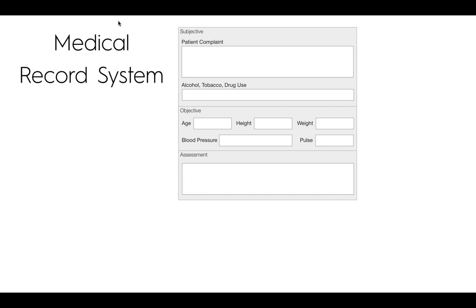Now, when you're the doctor, you look at that input to the system, and you perform an assessment. You say, okay, great. The patient has come in. They've been complaining about this or that. We've done some tests. We've done some measurements, and I'm going to conclude that probably here's what's going on.